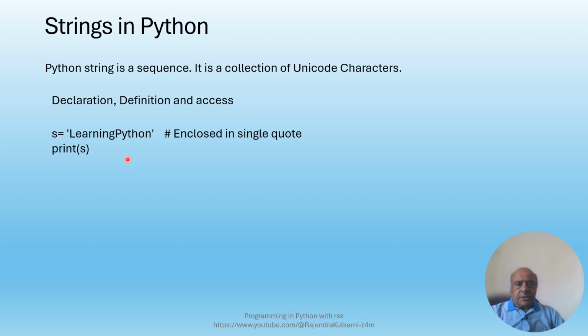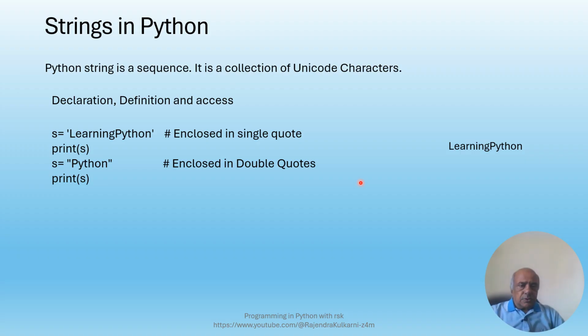Then we give print S so that we can know what will be the output of this string S. So whatever we have inserted as its value appears as its output. Here we have enclosed it in single quotes.